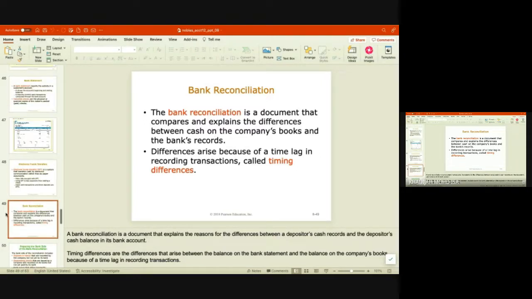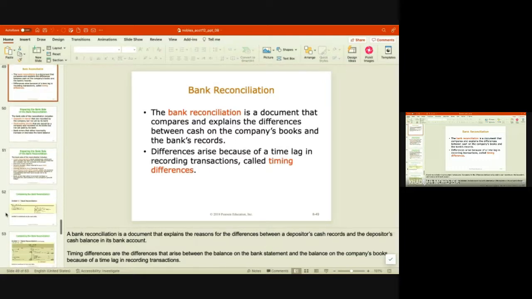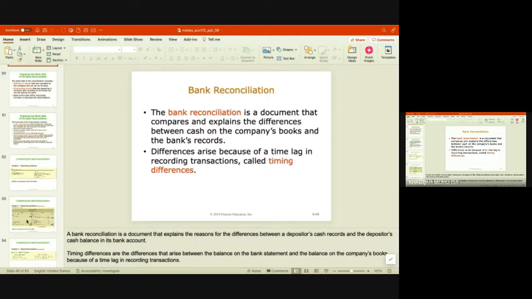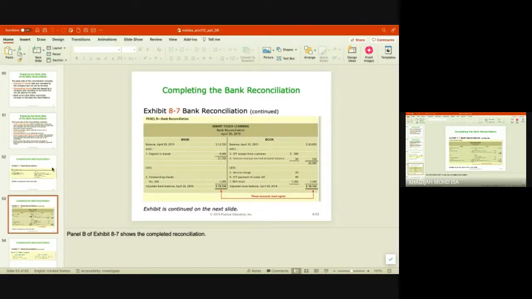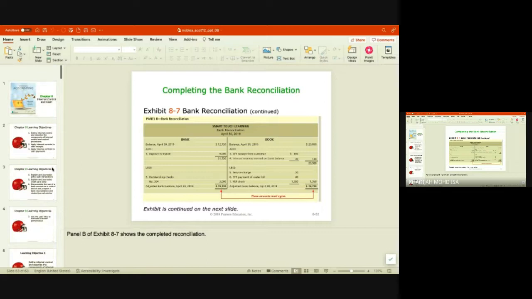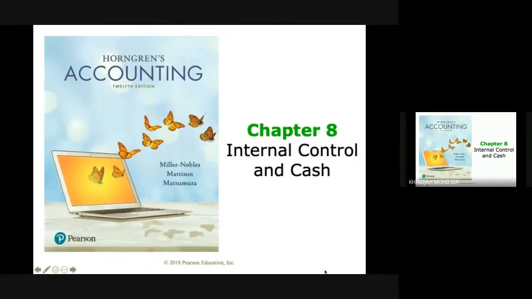Then bank reconciliation, how to prepare. I think that I will not go through bank reconciliation today, maybe, because I should go through the first part, but it's too many here. Internal control and cash, this is chapter 8, looking at how you want to control.